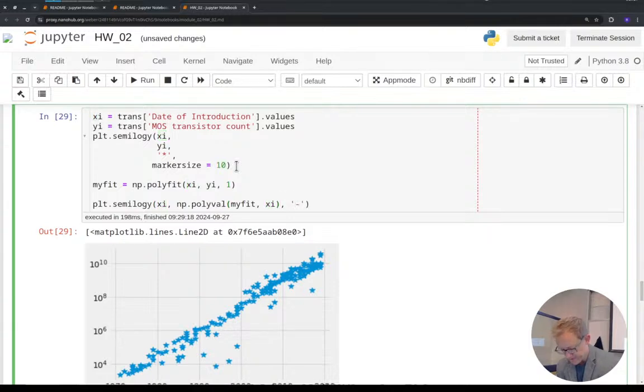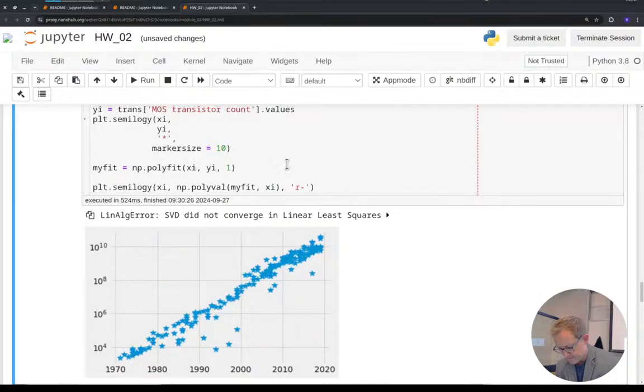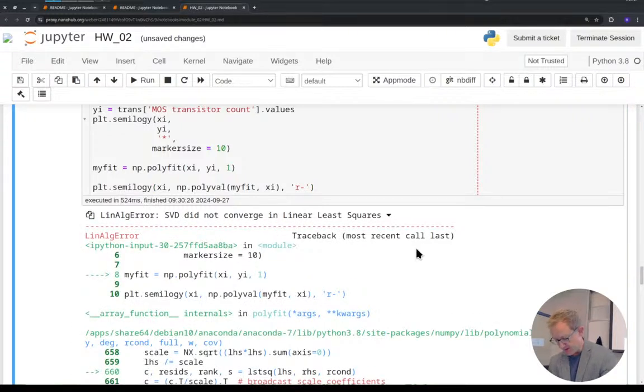I'm going to call it red line. And it's telling me polyfit can't do it right now. That's not what I expected, but it's a result. So something about this least squares is just not working already.